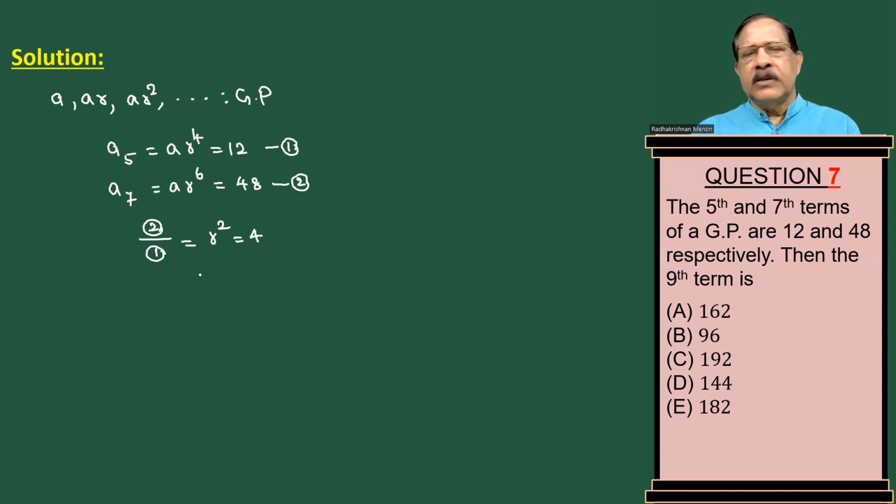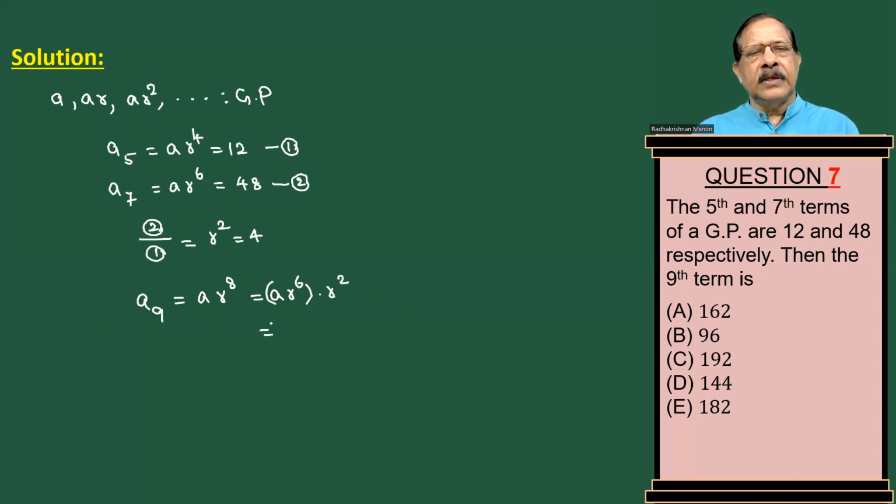Now, what are you being asked to find? A9. So instead of finding R, you can directly find A9. How? A9 is A into R raised to 8. This is A into R raised to 6 into R squared.